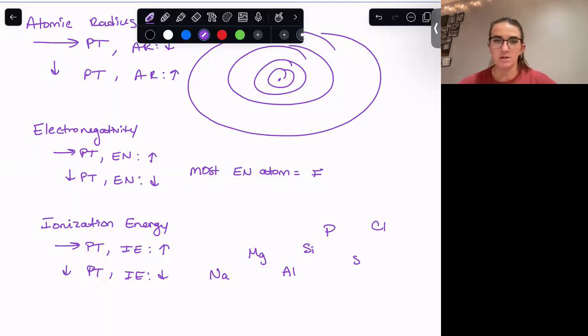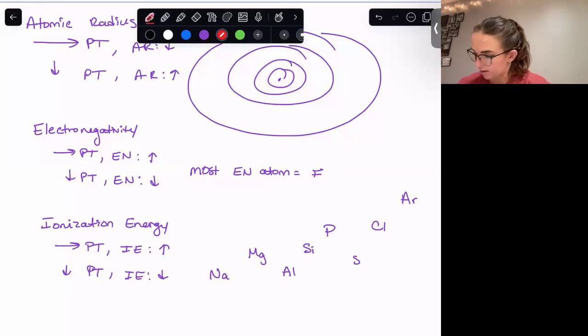And chlorine is going to be really, really hard because there's only one electron away from reaching its noble gas configuration, or filling its valence shell. So chlorine would rather have an electron put on it than get rid of it. And then argon is going to be the hardest because that has its full valence shell. It's happy. It doesn't want to do anything. It doesn't want to give up its electrons.